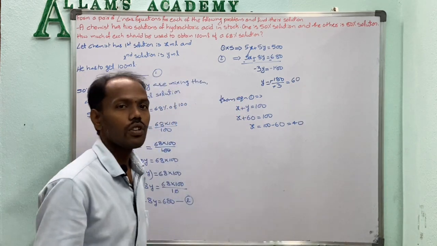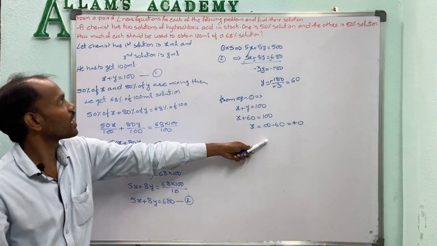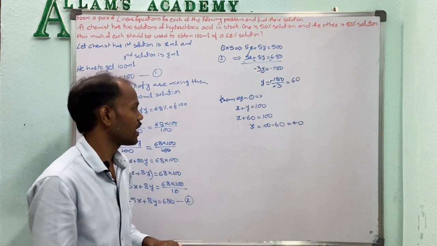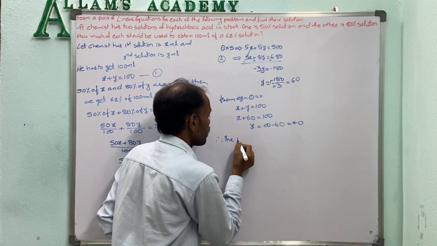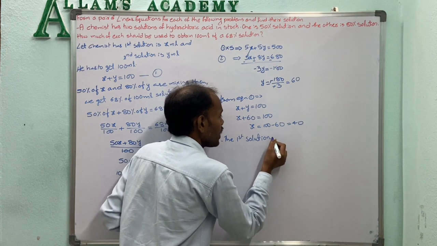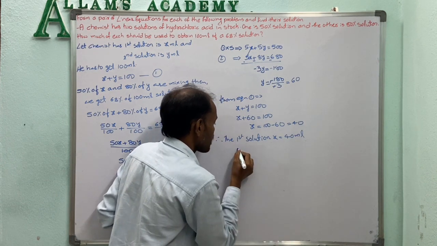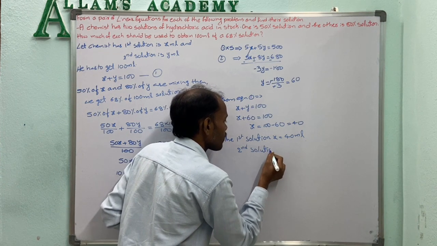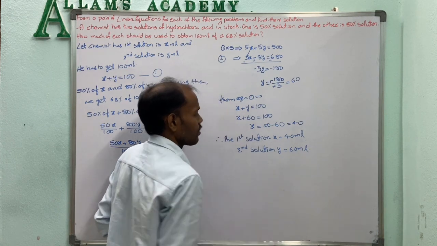Okay, so here the first solution x is 40 ml, and the second solution y is 60 ml. Therefore the first solution x equal to 40 milliliters and the second solution y equal to 60 milliliters.